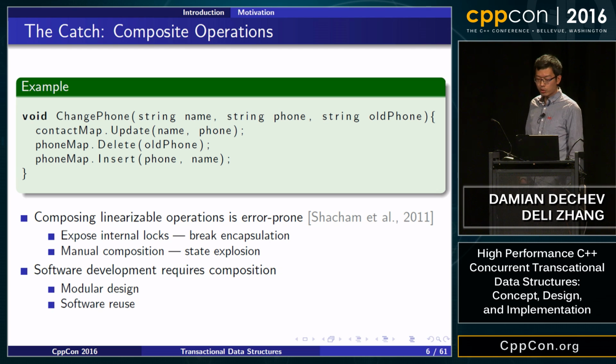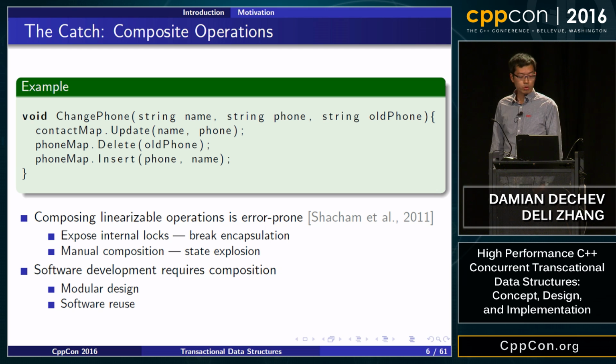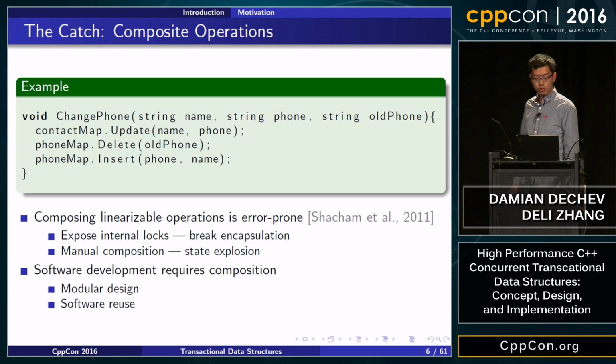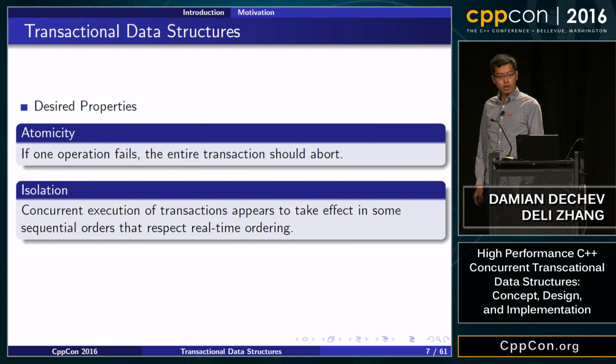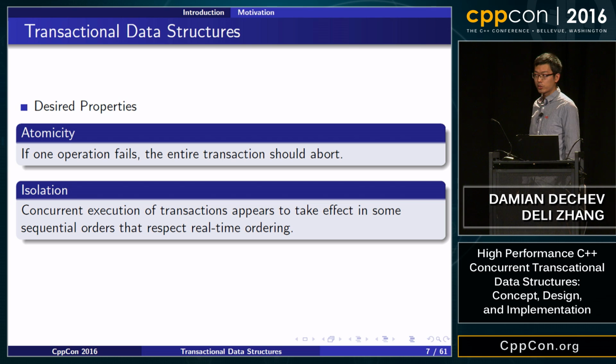So in order to support reusable software design in a modular fashion, we need transactional execution support in concurrent data structures. Now, similar to a database transaction, we say a data structure supports transactional execution if it can execute a sequence of operations atomically and in isolation.